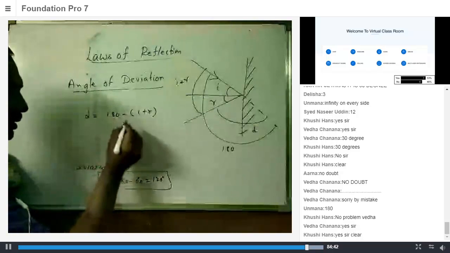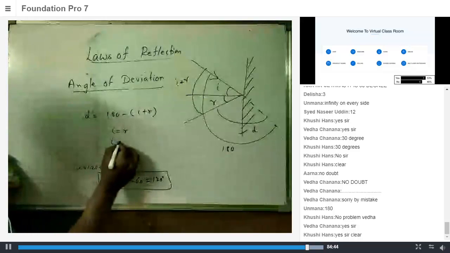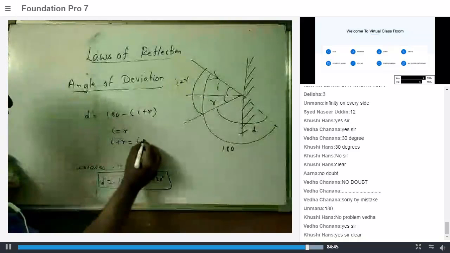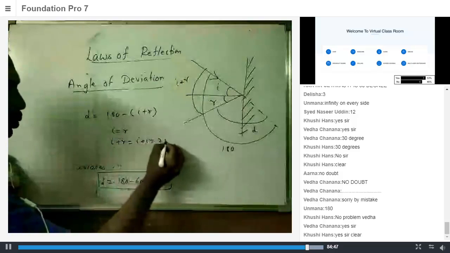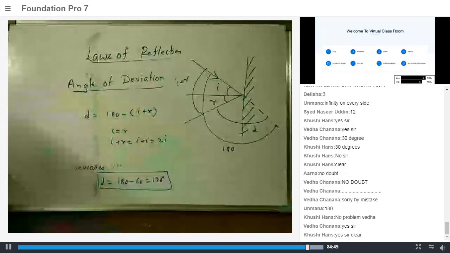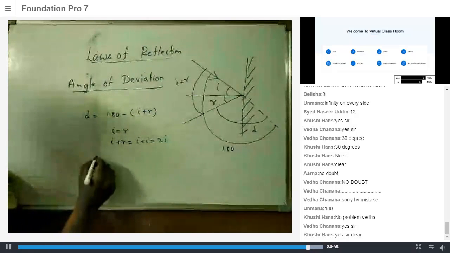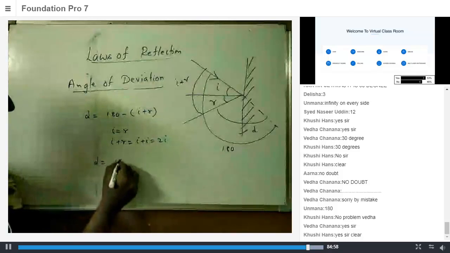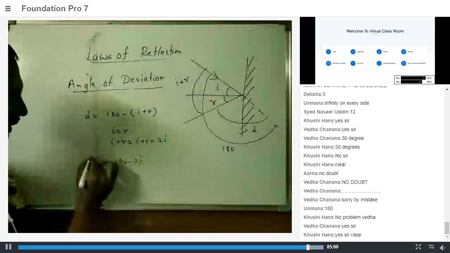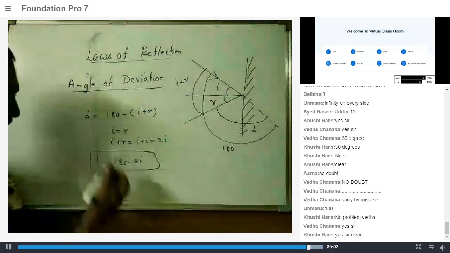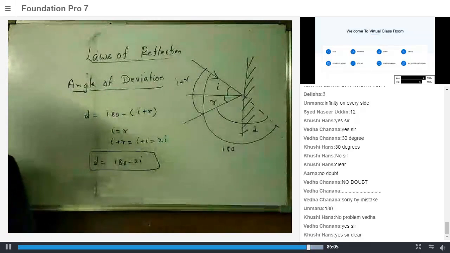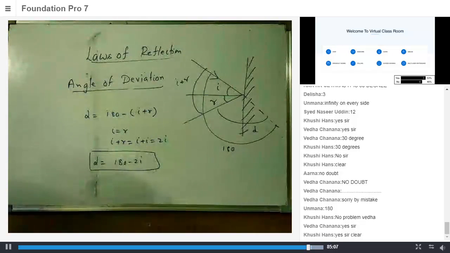I know I equal to R. So can I write I plus R equal to I plus I, that is equal to 2I? Yes. So from this, we have the formula. I can write D equal to how much? 180 minus 2I. Got it? Is that fine? So this you can take as a formula. Ridhima, is that fine? Yes, sir.